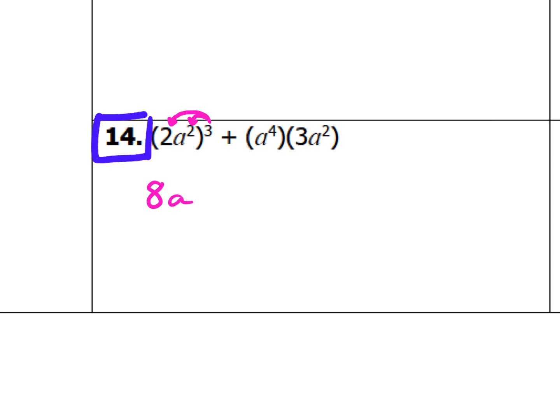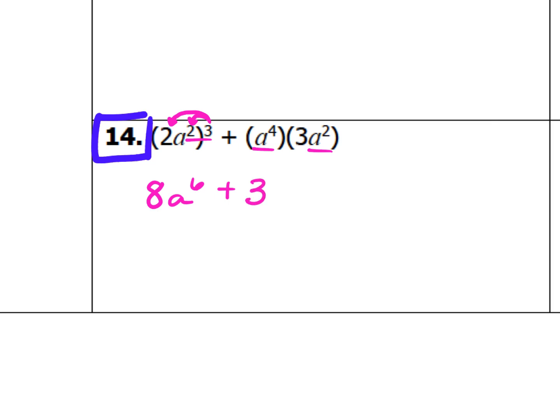A to what power? A power to a power, you multiply the powers. So that's 6, plus, this is A to the 4th times A squared. What does that become? A to the 6th. You add them together. This isn't a power to a power anymore, right? This is 2 separate bases.